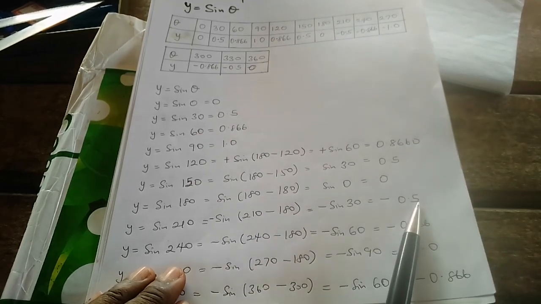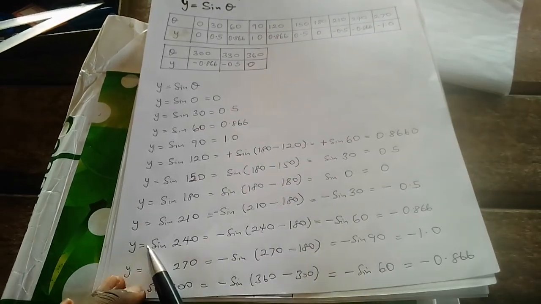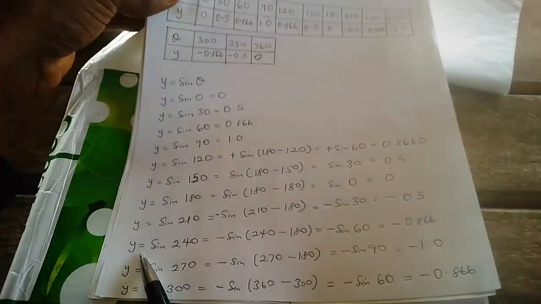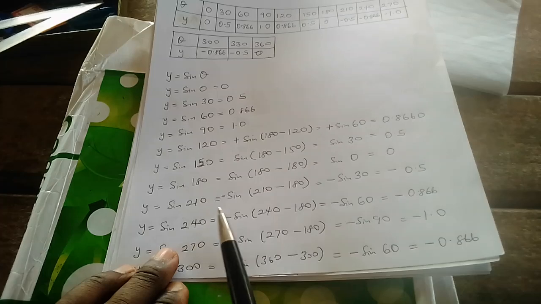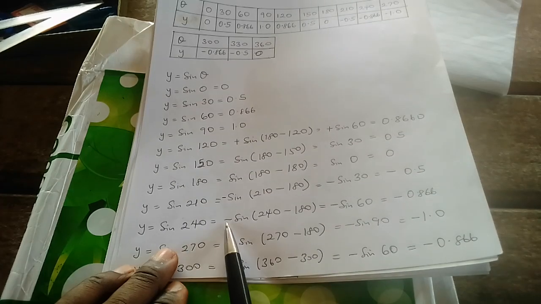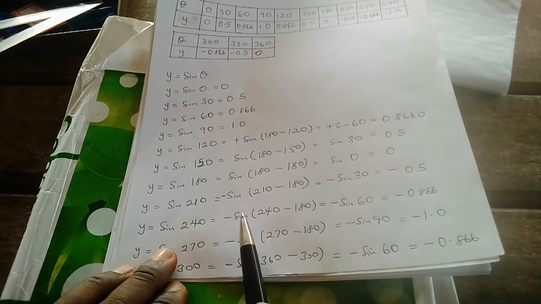Then when theta is 240, we are in the third quadrant, and sine is negative in the third quadrant. That is the reason why you have a minus sine.